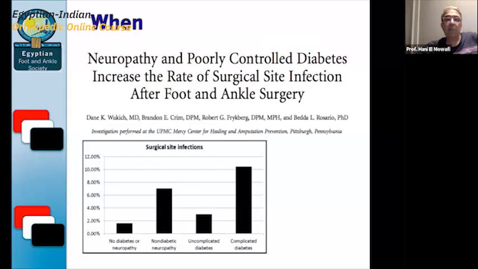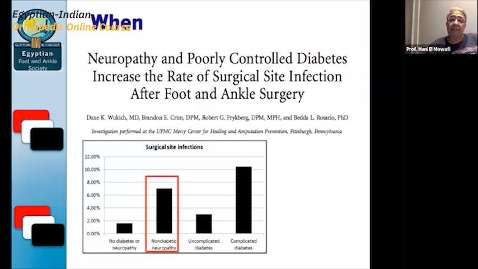But before we speak about when to do operation, there is a very important item: neuropathy and poorly controlled diabetes increase the risk of surgical site infection in foot and ankle surgery. According to this research, if we look at the diagram, if the patient is non-diabetic but has only neuropathy, the risk of infection increases up to 7%.